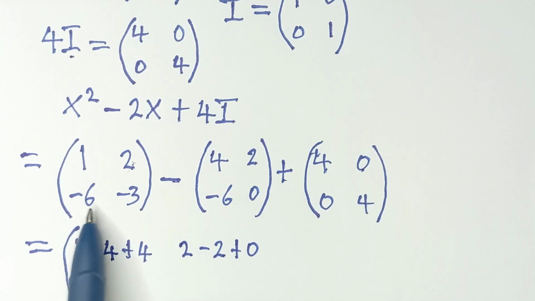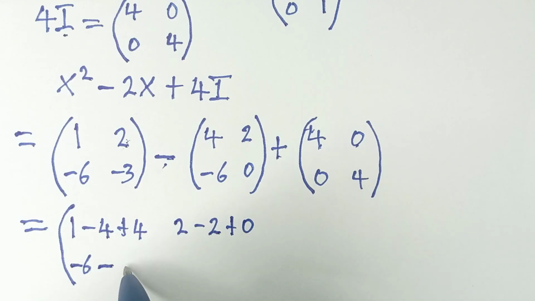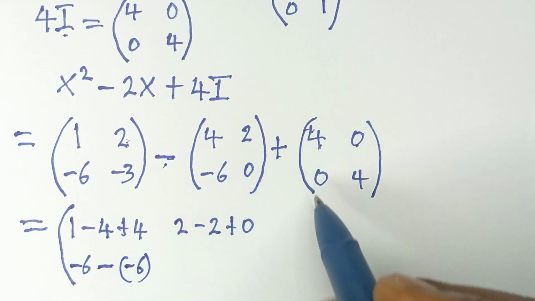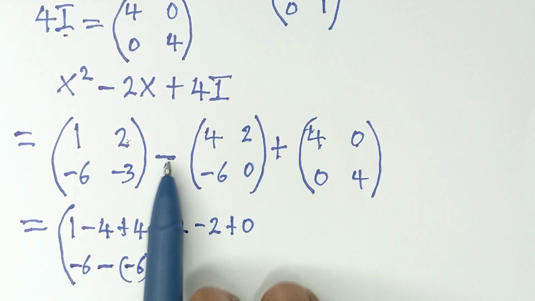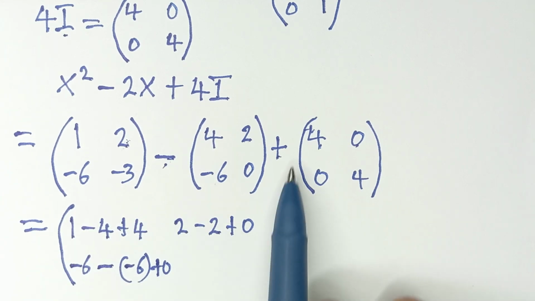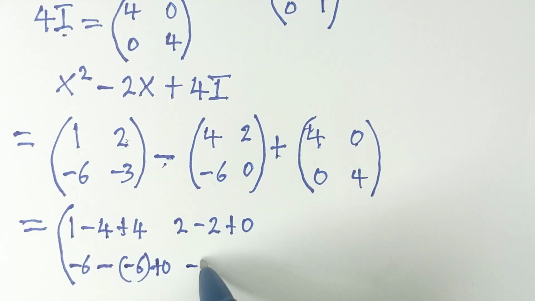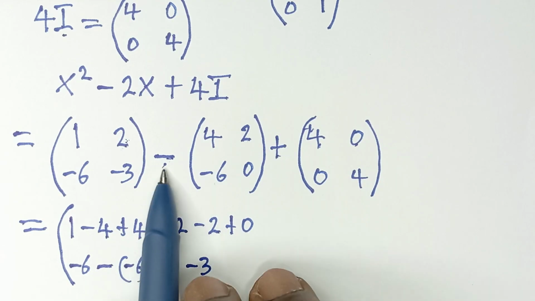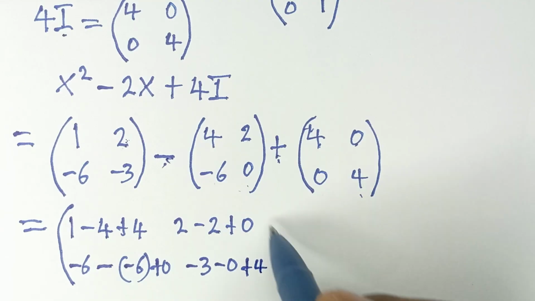So I have negative 6, then minus the negative 6 here too, and then plus 0. So don't forget, negative 6 minus negative 6, which is what I've written here, then plus the 0. And then the last one here is negative 3 minus 0, and then plus 4.